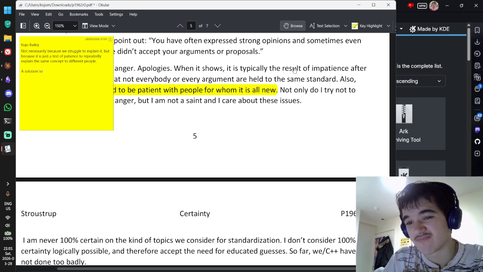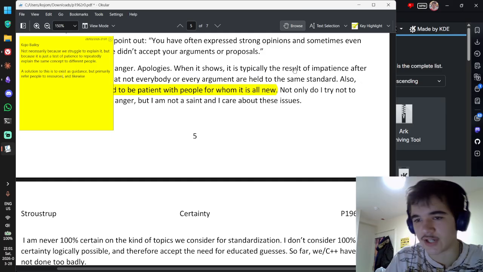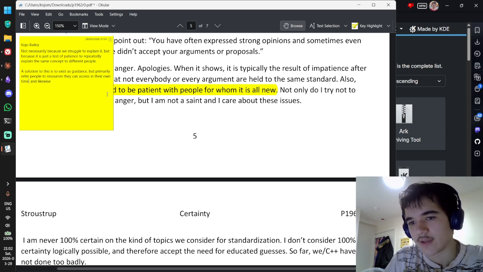A solution to this is to exist as guidance, but primarily refer people to resources they can access in their own time, without human intervention.